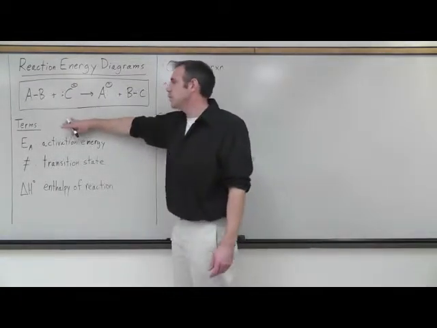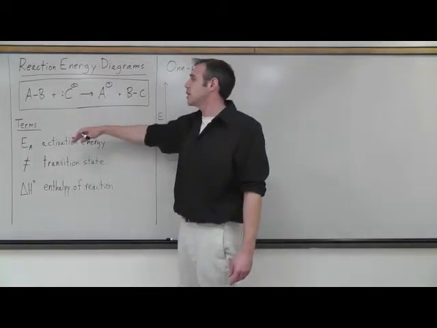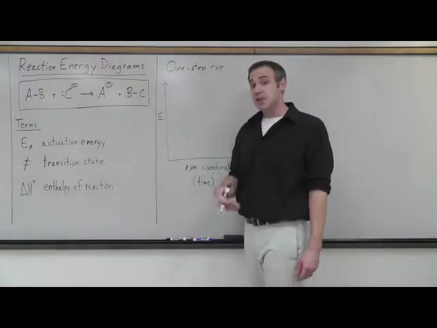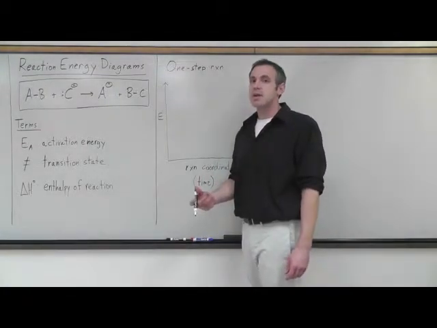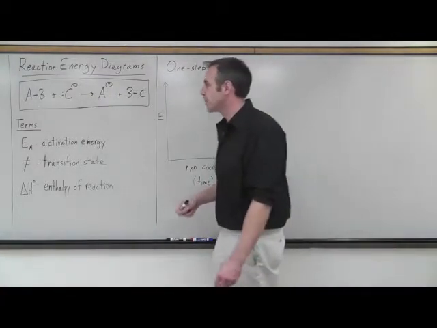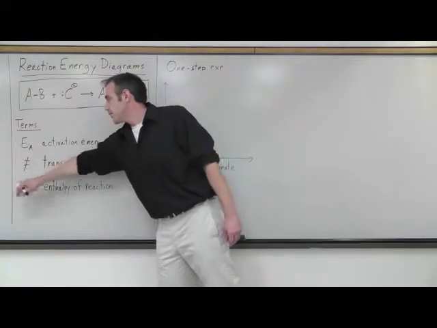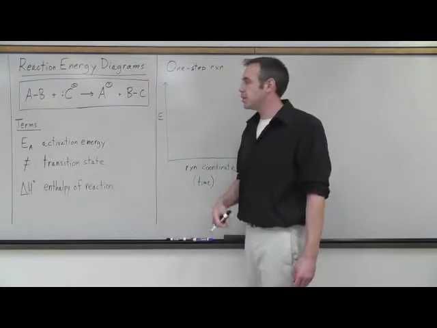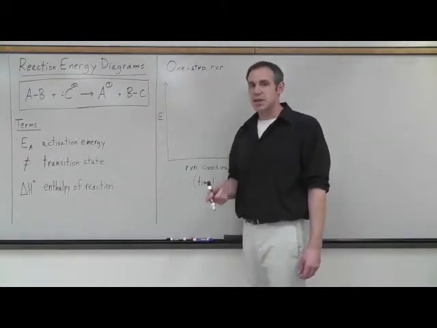Some terms we will use in looking at the energy diagrams are E sub A, which is the activation energy, and we can define that when we actually look at the diagram. This symbol, which is kind of like a T with a double crossbar, stands for the transition state.